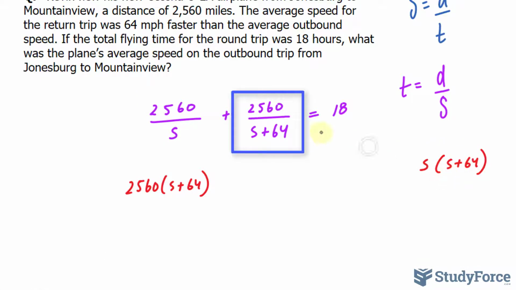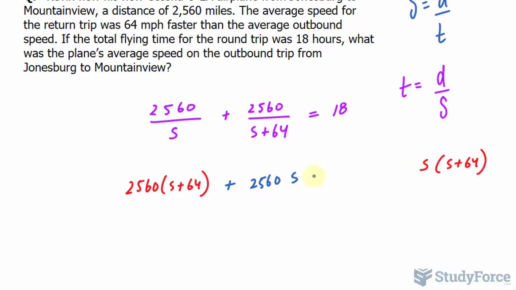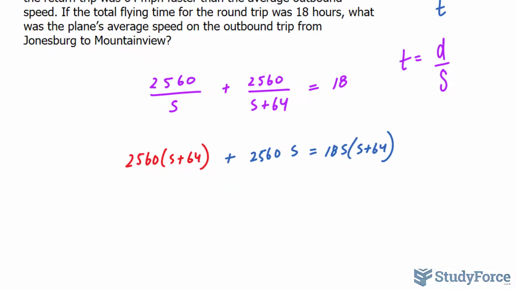If we multiply this now to this fraction, we end up with 2560 times s. This time s plus 64 cancels out. And multiplying this to 18, we get 18s bracket s plus 64. It still doesn't look like a quadratic, but it will once we expand. Remember, we're solving for s here.